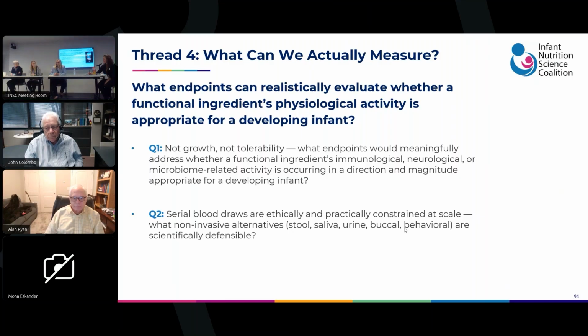I have practical experience from beginning to end with collecting stool, saliva, urine, buccal, and behavioral data, all from the caregiver and baby's comforts of their own home, not only reliably, but with what we believe is a lot better data quality than we had previously been able to collect.